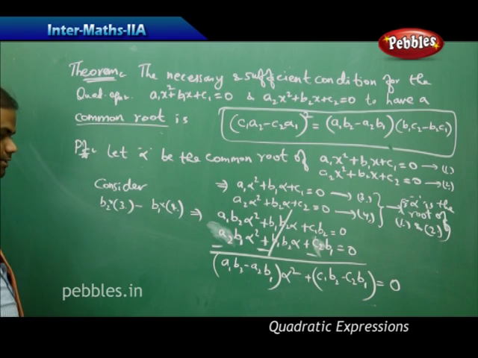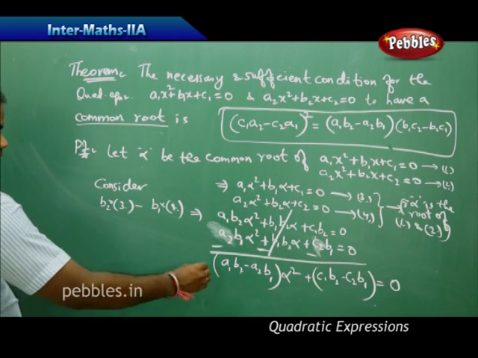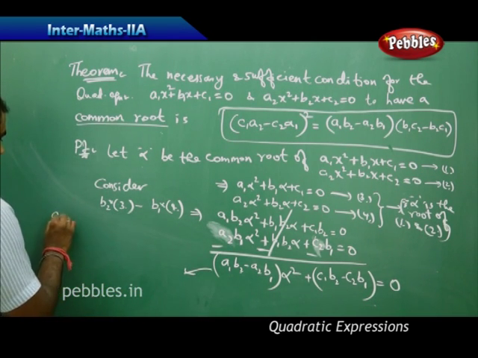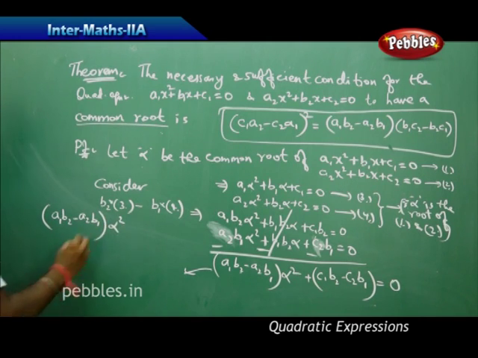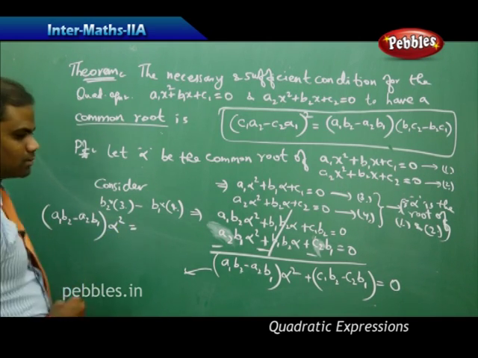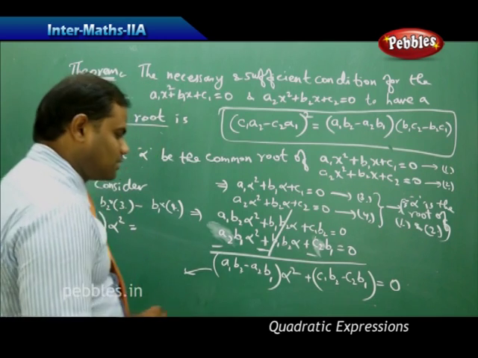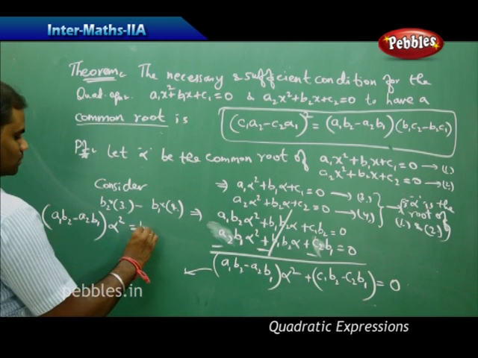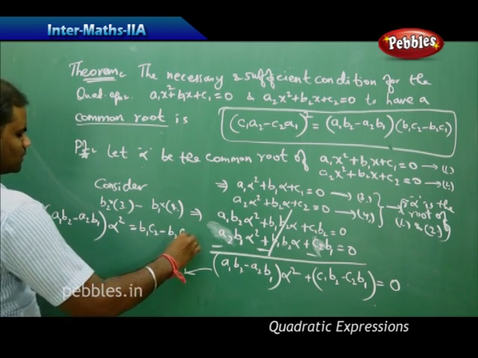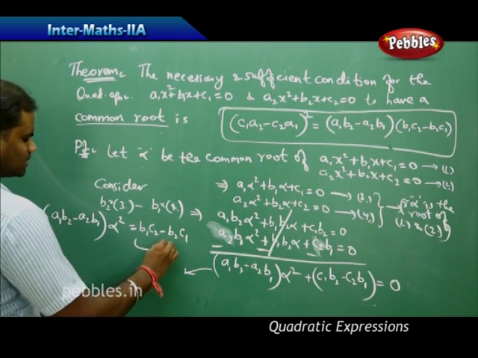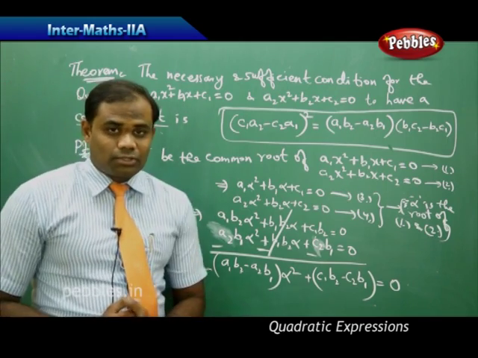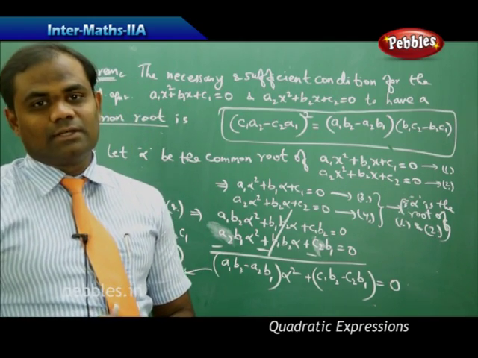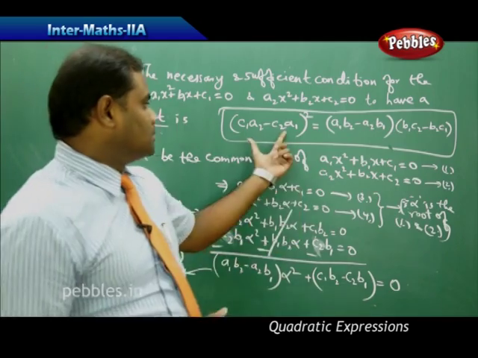This is further simplified as a1 b2 minus a2 b1 times alpha squared equals, bringing this to the right, b1 c2 minus b2 c1, which I take as equation 6. So I got totally two equations, equation 5 and 6, which I'm going to consider to get this condition.